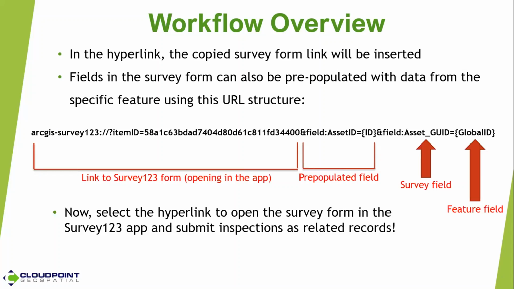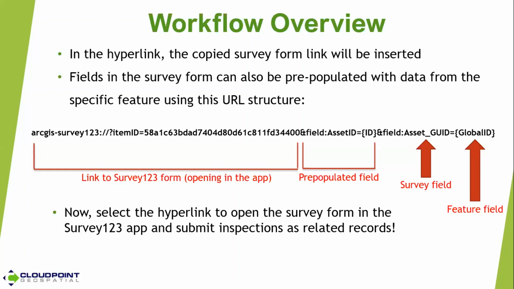The first part, the link to the Survey123 form, starting at the beginning of the URL on the left all the way through that last set of numbers, is just the link we copied from ArcGIS Online, that Survey123 web designer. That in and of itself will open the Survey123 form directly in the Survey123 field app.